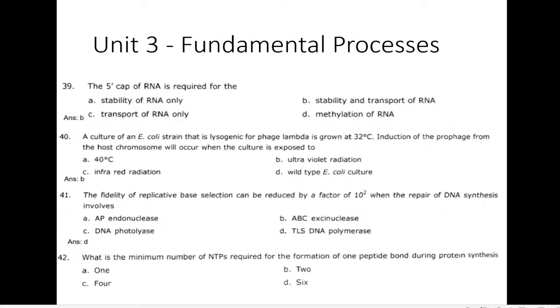So there were some mistakes. This involves which enzyme? Here the question is which enzymes are involved. We can't do any repair with our hand or with any instrument. In DNA, all kinds of repairs involve enzymes.